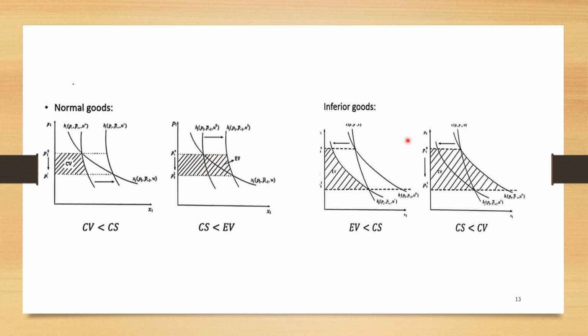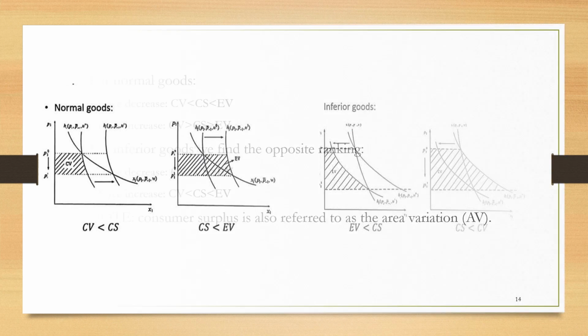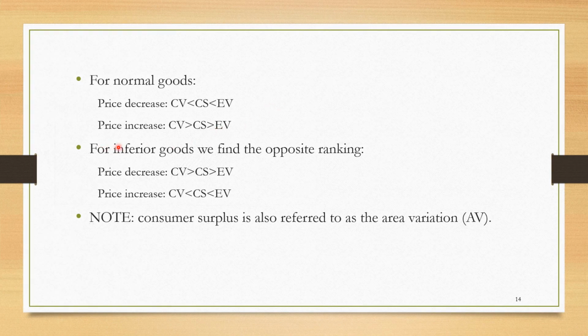On the other hand, when we consider inferior goods, we will see the reverse case where our EV is less than CS and our CV is greater than CS. So this is the summarization of the previous graphs, both the case of normal goods and inferior goods, considering both price decrease and price increase.